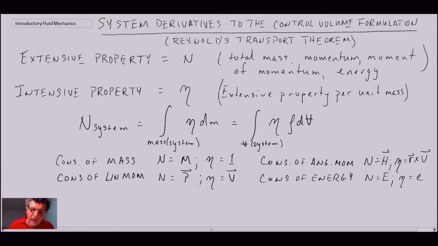Okay, so those are the intensive and extensive properties for our four basic laws: conservation of mass, linear momentum, angular momentum, and energy. And what we're going to be working on is coming up with an equation that enables us to express the time rate of change of any of those properties with respect to time, but expressing it in terms of the control volume formulation.